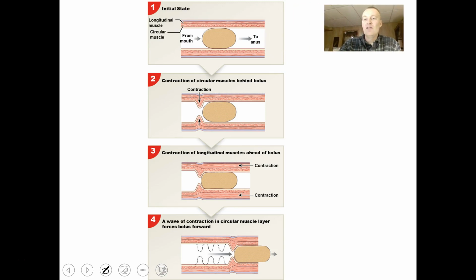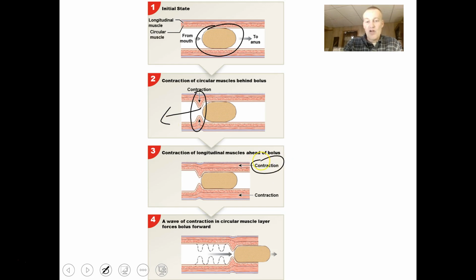And I thought I'd go ahead and share with you what peristalsis looks like, since we were talking about the alimentary canal. If you have food coming in, a contraction of the circular muscles will block the food from going back this way.